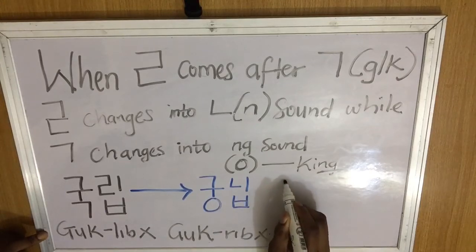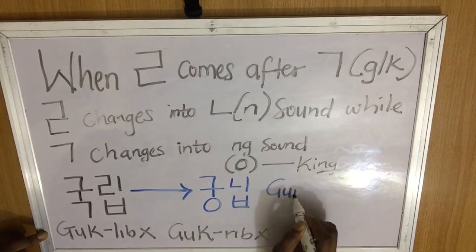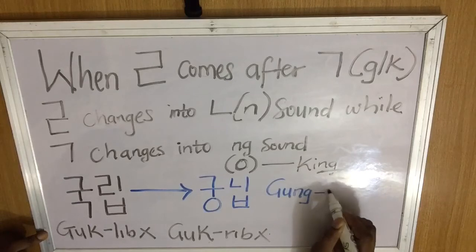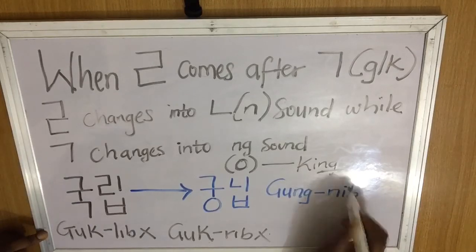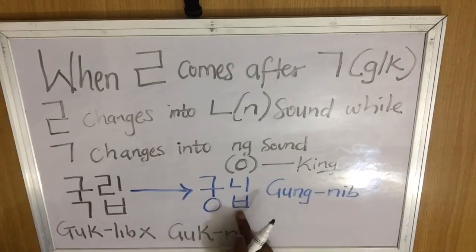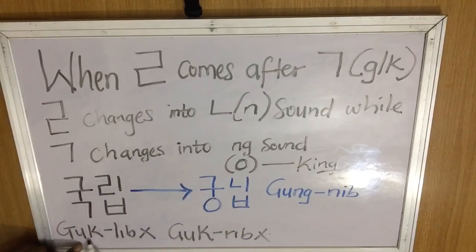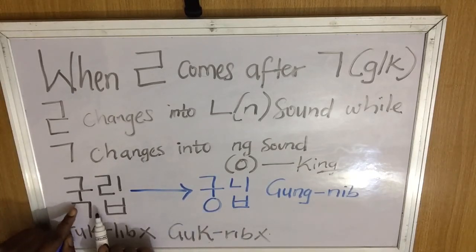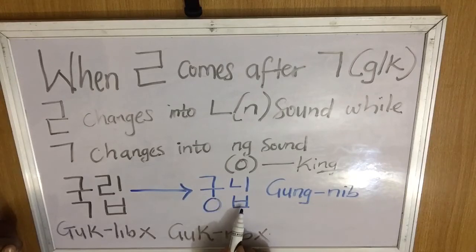That is gung nip. Gung nip. Gung nip. Not gung lib, not guk lib or guk rib. This is wrong. So we're supposed to pronounce this as gunip, gunip, gunip.